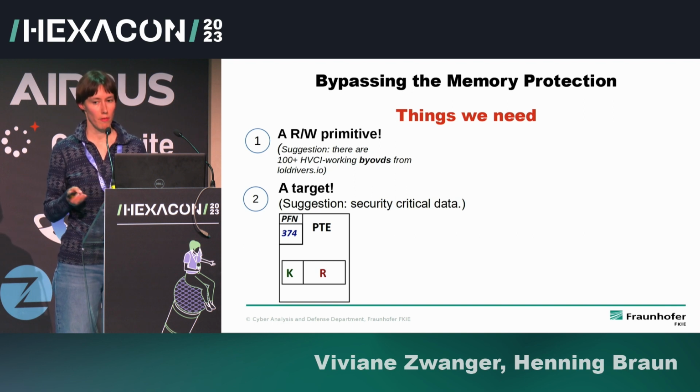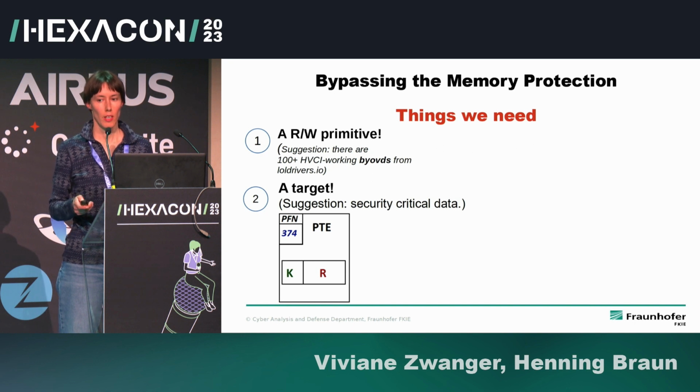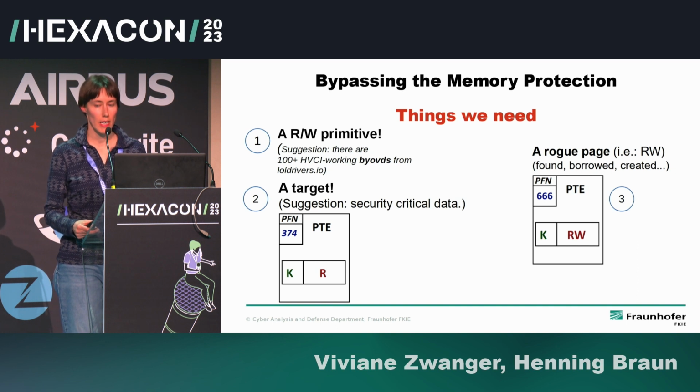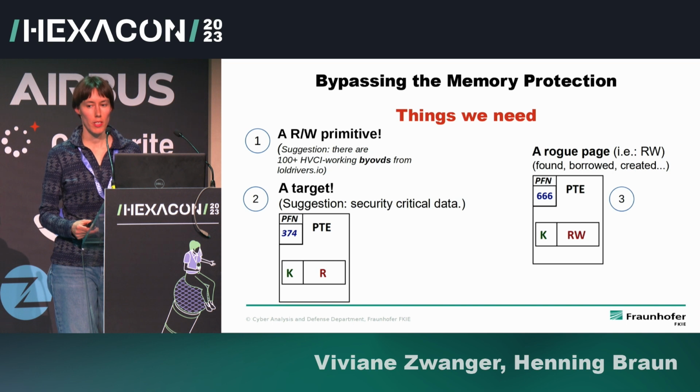But we have Fabius, so don't fret. We can do something about this. And then there is the last thing we need, and lacking the exact term for it, I would call it a rogue page. In this case, we need a read-write page. It doesn't matter where you get it from. You might get it from the beep driver. This has some tradition. The beep driver has a data section, and this data section has pages that are read-write.